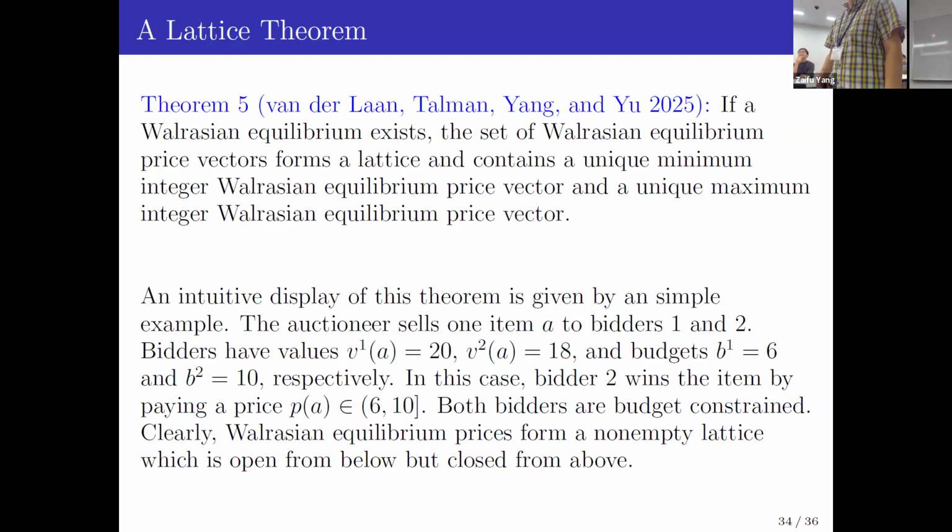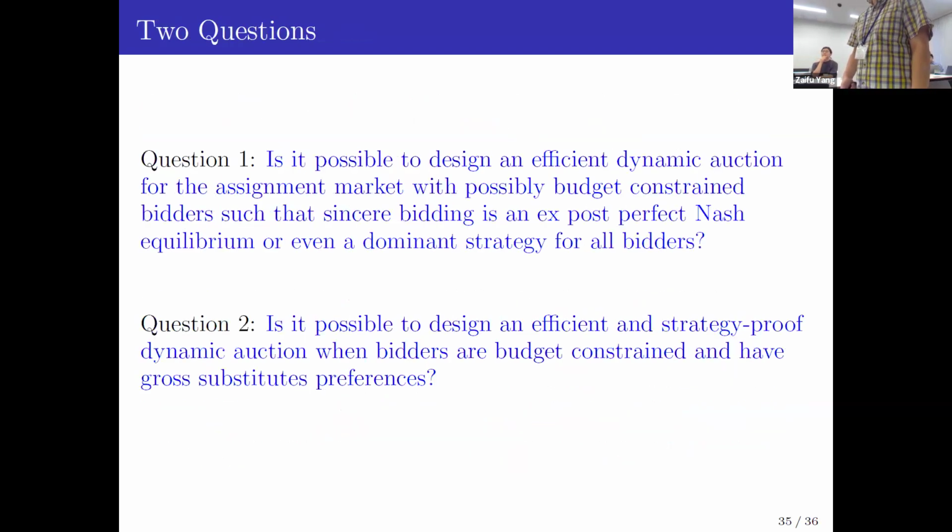So this is the example. Okay, we have maybe two open questions. One is whether it's possible to design a dynamic auction for this assignment setting, so that sincere bidding is an ex post perfect equilibrium, or even a dominant strategy for all bidders.